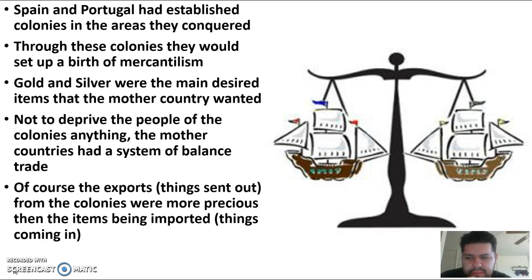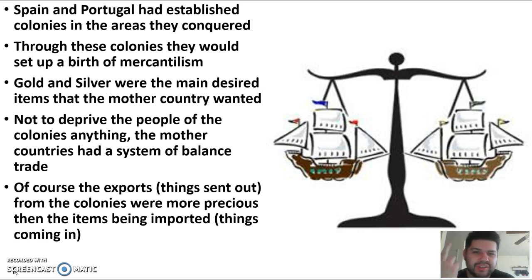So the thing is, it was not just to straight take things from the colonies and leave them with nothing. The mother country would basically send out stuff to trade with them. They try to say that it was fair, but in reality, it was leaning more to one side than the other.